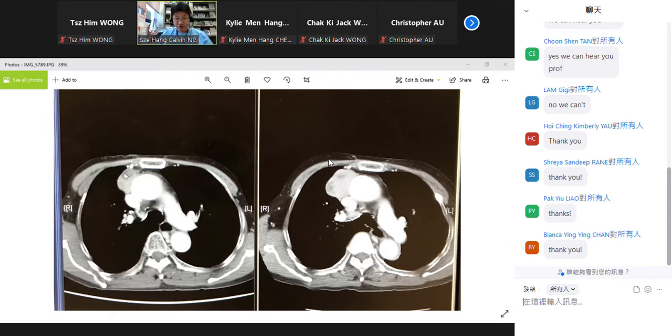The edges on the CT will be more craggy edged, much more rough, and even sort of infiltrative in nature. This is a very smooth edge, as you can see here. You may see my cursor. I'm using it to point here, very smooth edge here. So a carcinoma will be more craggy edged. It may even invade into the local lung tissue, and so on.